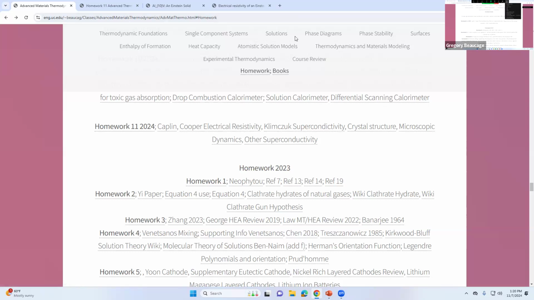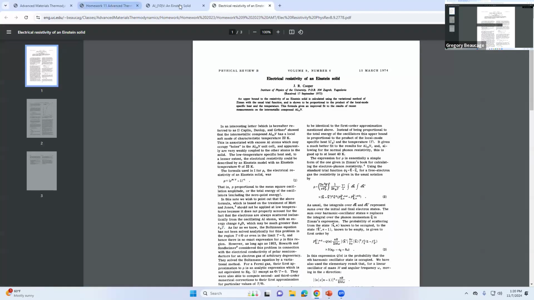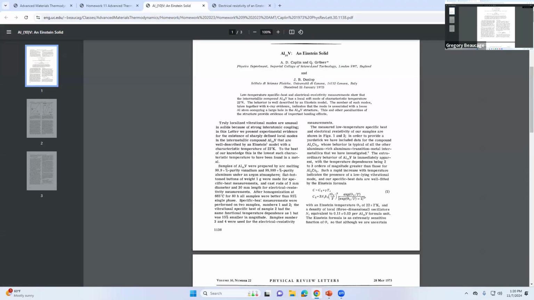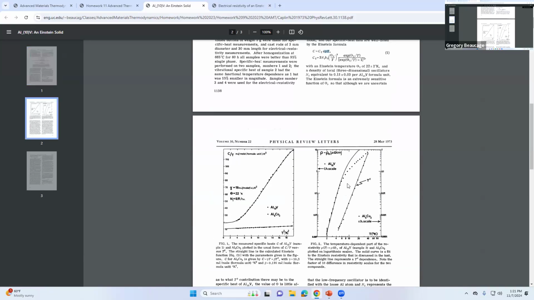Let me hide this. This Cooper guy is taking this paper. Gruner is the guy who invented this Gruner constant for the electron contribution to heat capacity. Then he shows this plot, and he says the Einstein doesn't work over in this region.